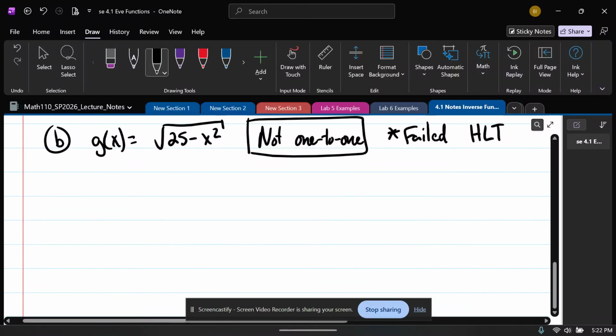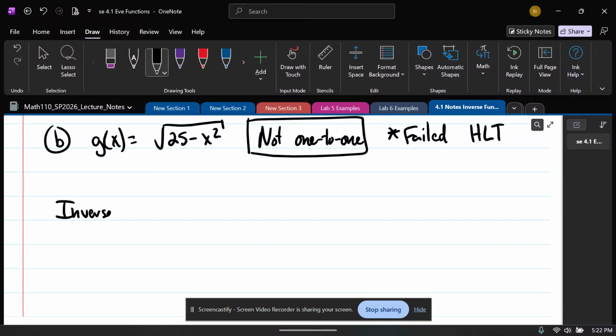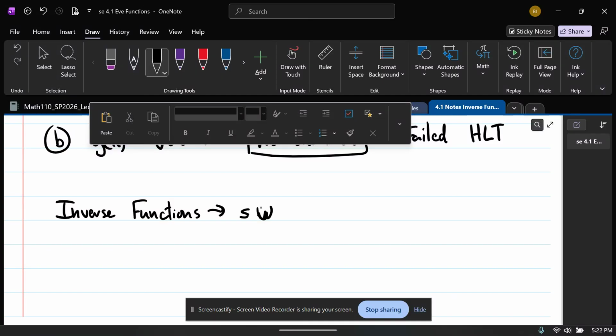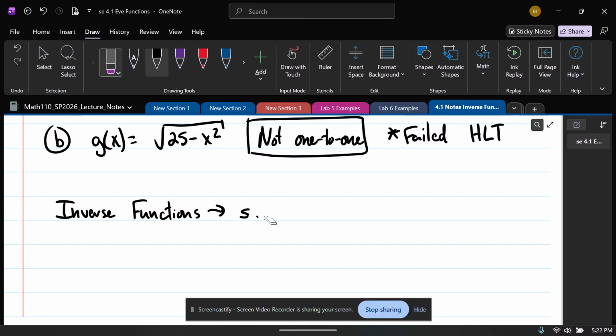Okay. So inverse functions. So this is a little definition here. What do inverses do? They swap. Swap the domain and range.